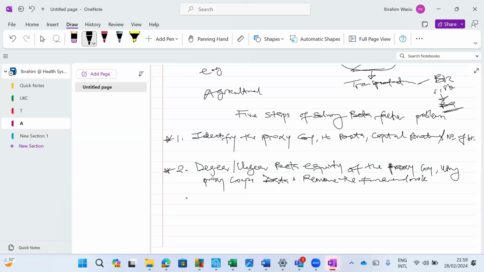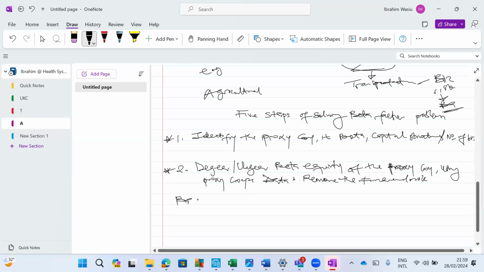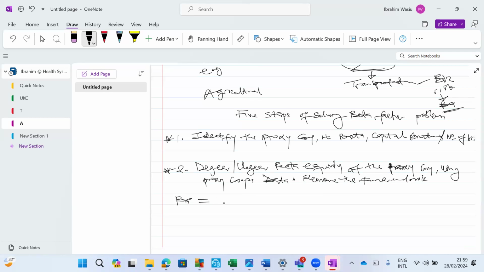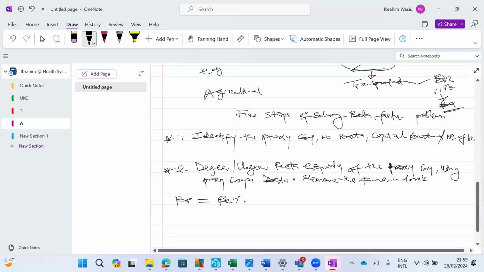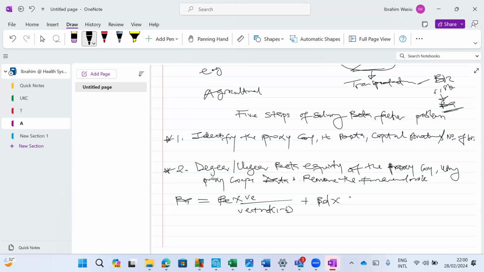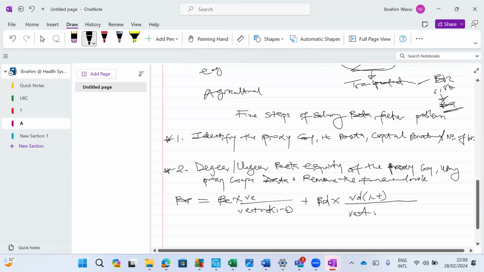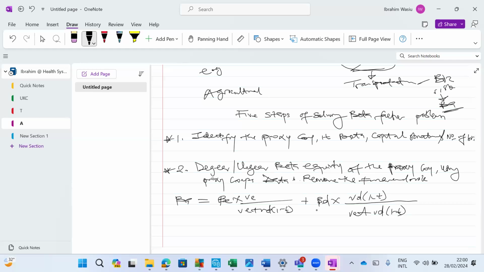So for me to remove financial risk, I need to calculate what we call beta assets, because this one will only show me business risk. Are we on the same page? So beta assets equals beta equity multiplied by value of equity over value of equity plus value of debt times (1 minus t), plus beta debt multiplied by value of debt times (1 minus t), over value of equity plus value of debt times (1 minus t).